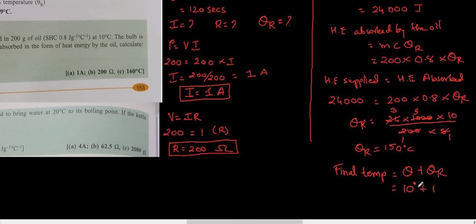Let me write down centigrade. 10 degrees centigrade plus 150 degrees centigrade. So how much does it come up to? 160 degrees centigrade. So this is the final temperature. So let us make a box here.